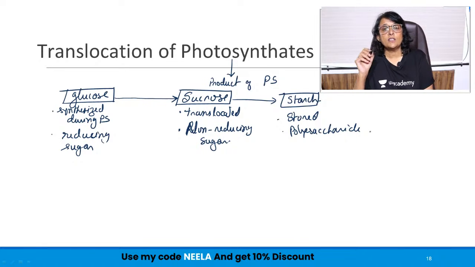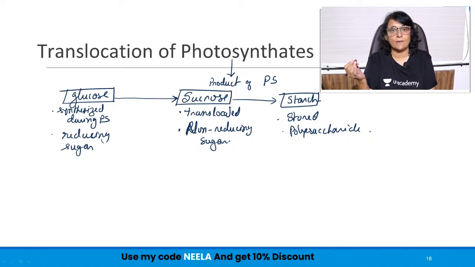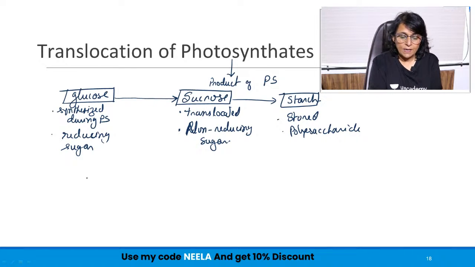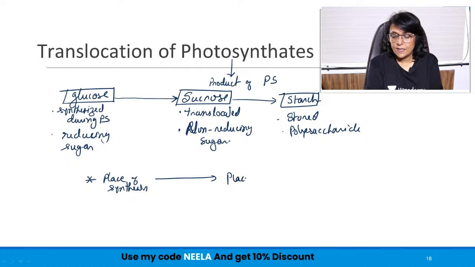Okay, so what is meant by this translocation? Translocation is movement from one place to another. What is that one place? From place of synthesis to the place of storage.